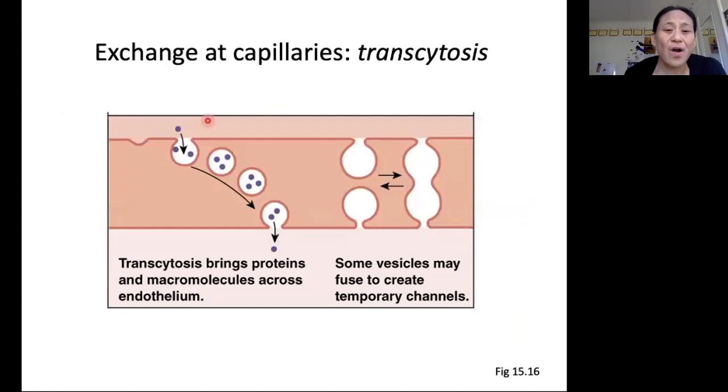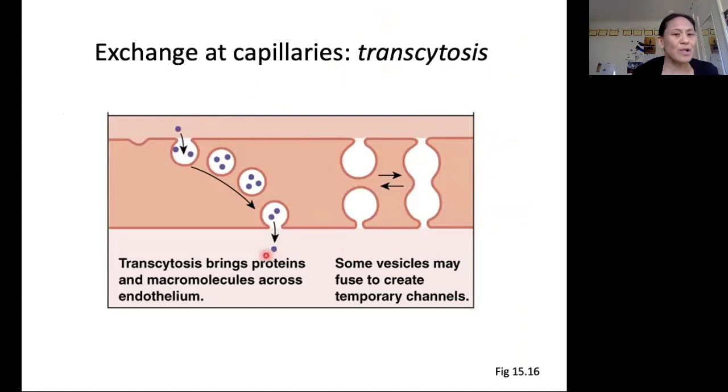All right, our second method that we have for solutes to pass across the capillary wall is transcytosis, okay? So what you're looking at here is the endothelial cell. This is going to be the inside of the blood vessel, and then this is the outside of the blood vessel, the capillary, okay?